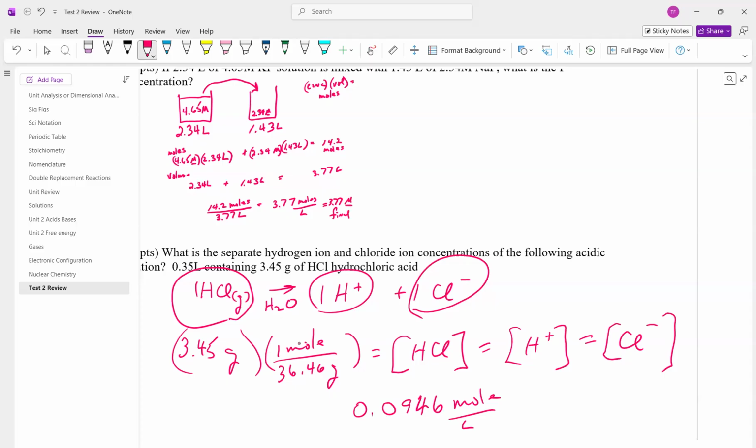And remember, strong acid totally disassociates. There's none of the original left over.